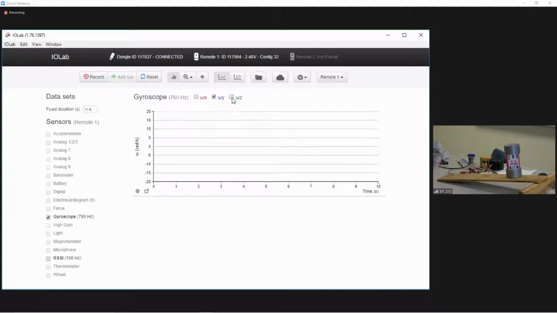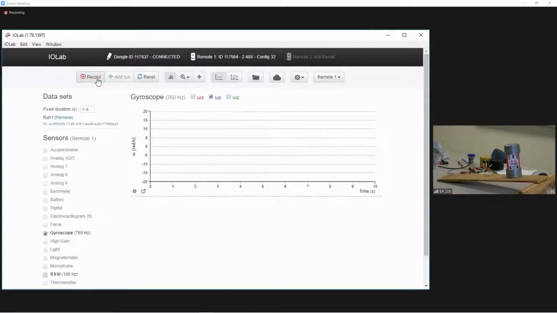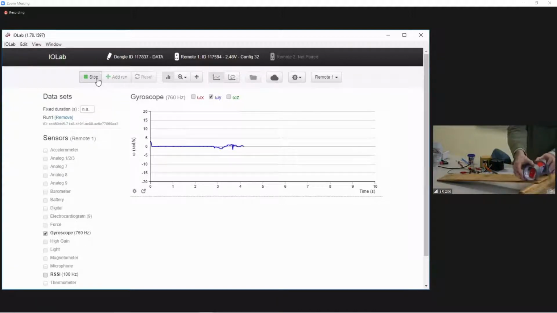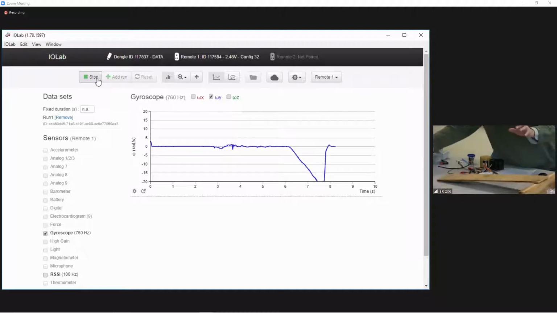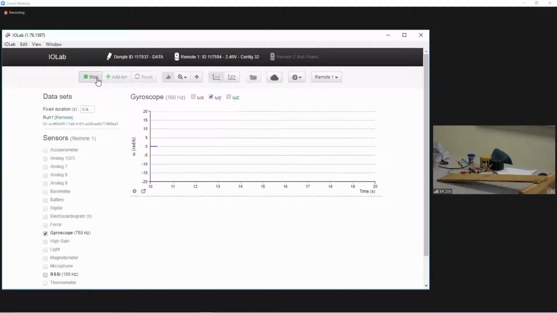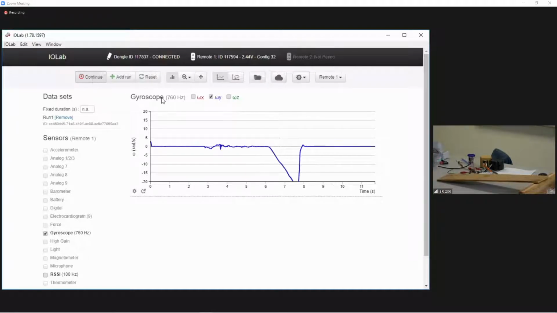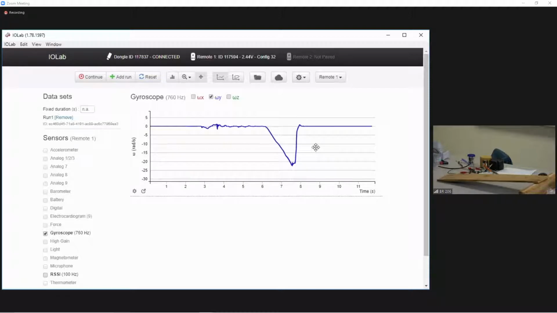So you can unclick omega x and omega z, start recording, let the iOLab roll. And lo and behold, what do you see? Whoa, stop. Look at that. Beautiful. Now, I chose to let my iOLab roll this way, which resulted in a negative omega.